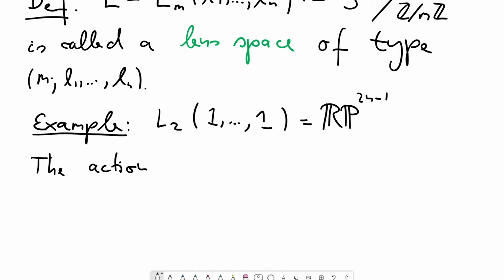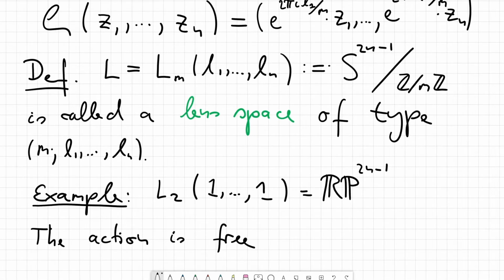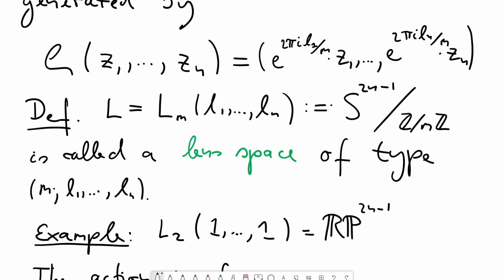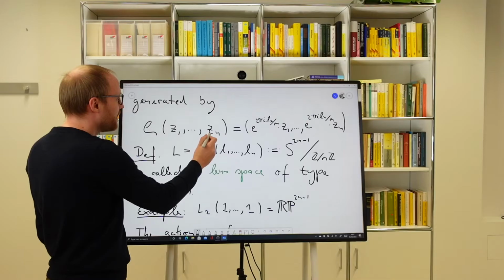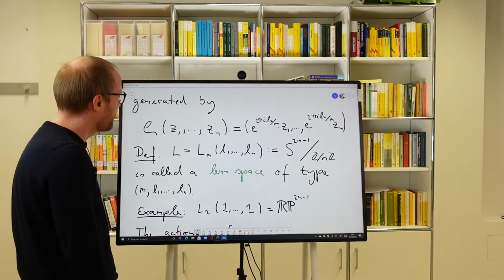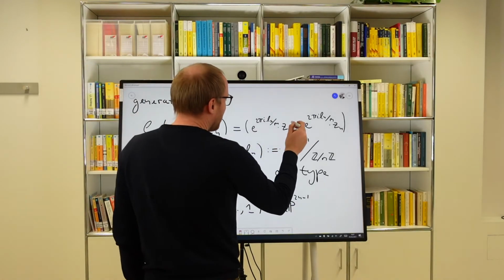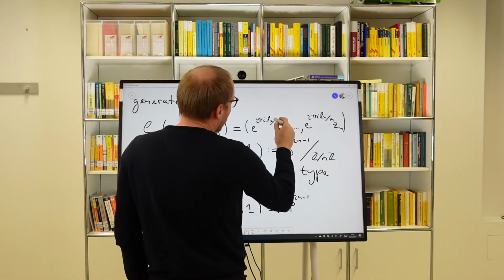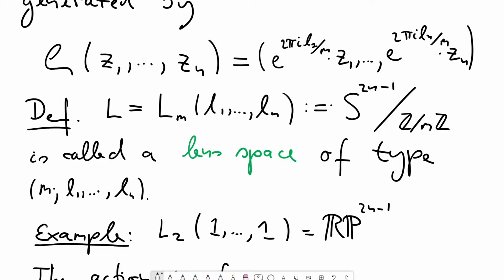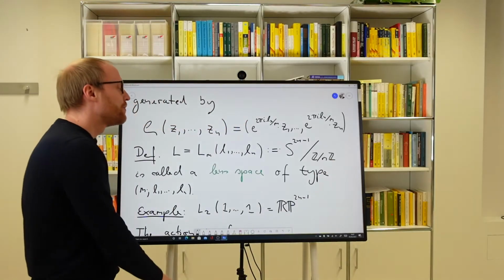Next observation is that the action is actually free. So let's convince ourselves about that. If I have some point in the sphere here, then its norm must be 1, so there must be some coordinate which is non-zero, and this coordinate is multiplied by e to the 2 pi i L1 over m, and I do this rotation as many times as I apply an element k in Z mod mZ to it.